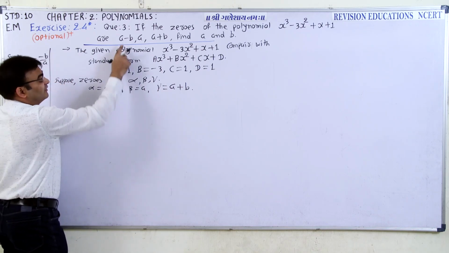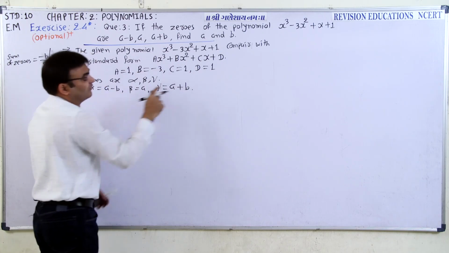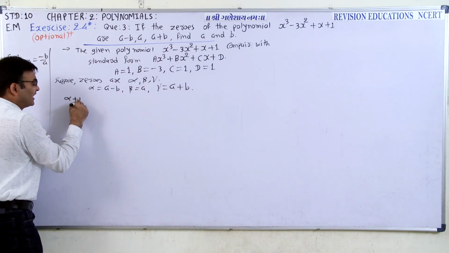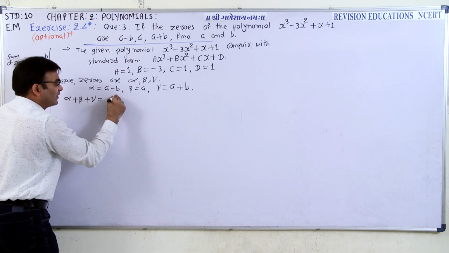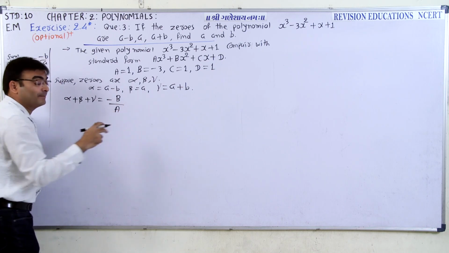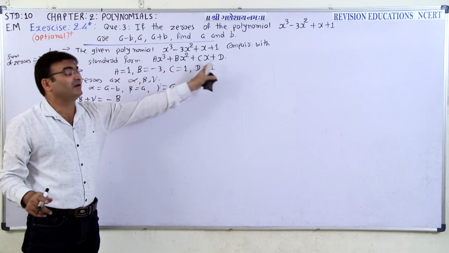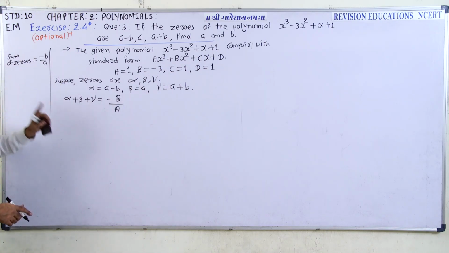So alpha is equal to a minus b, beta is equal to small a and gamma is equal to small a plus small b. Now the sum of zeros, alpha plus beta plus gamma, is equal to, by the formula, minus B by A, because we take capital A, B, C, so here we write capital B upon capital A.